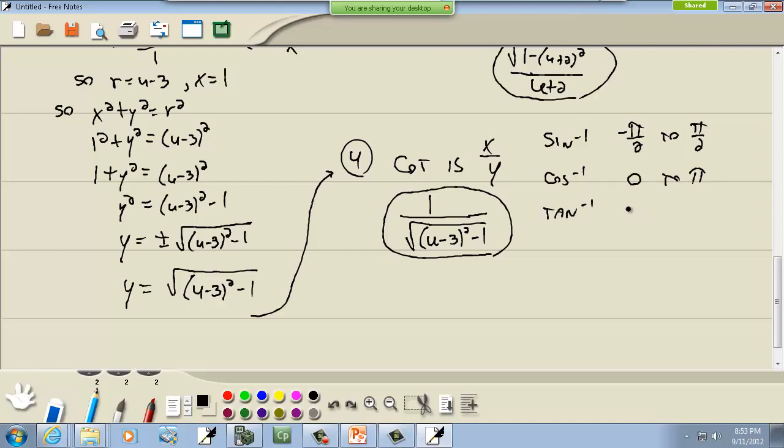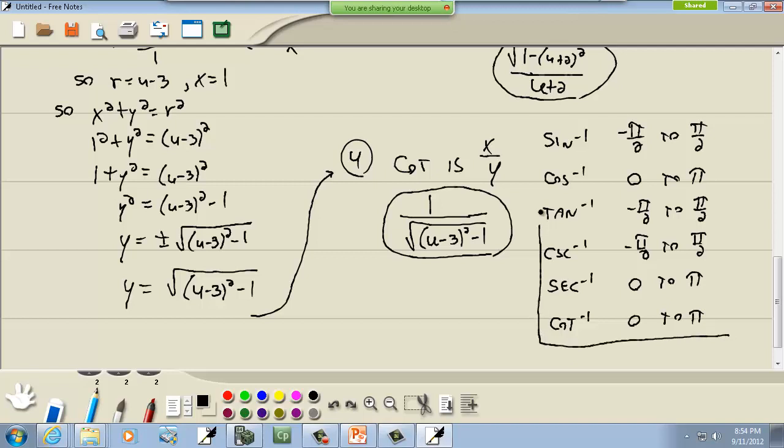Our inverse tangent is negative pi over 2 to pi over 2. Our inverse cosecant is from negative pi over 2 to pi over 2. Our inverse secant is from 0 to pi. And our inverse cotangent is from 0 to pi.